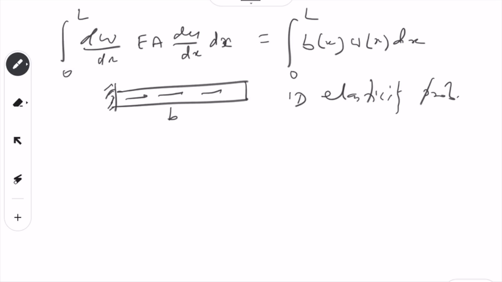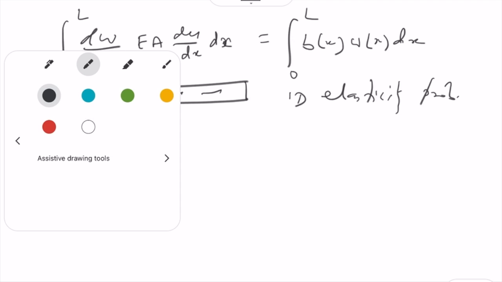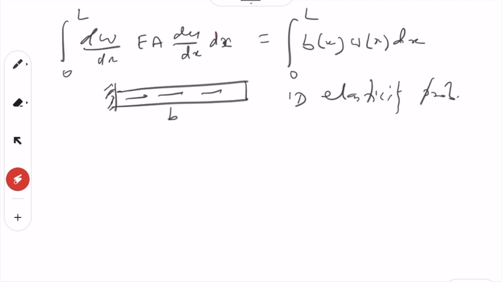Now, we are looking at this as a combination of elements. We have divided the domain into a number of elements. We are now looking at a single element, and from there we are going to sum it up for all the elements.